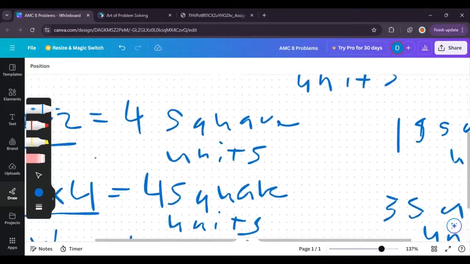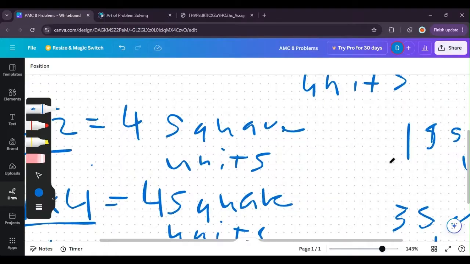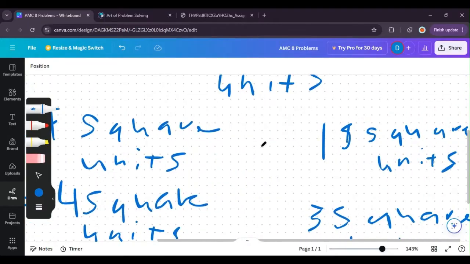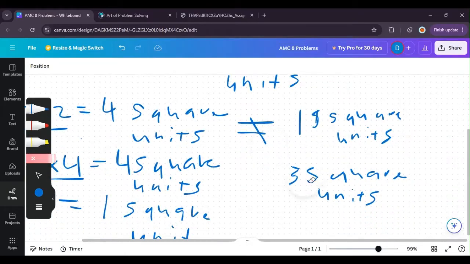Since both the 2 by 2 and 1 by 4 cover 4 square units for each tile, we know they cannot cover 18 square units. There's no possible way because it's not a multiple of 4.